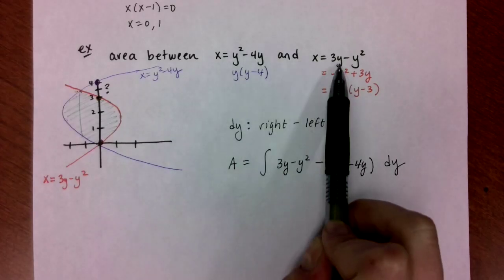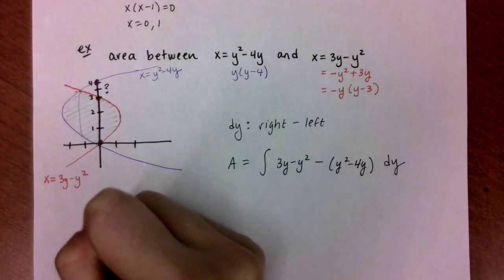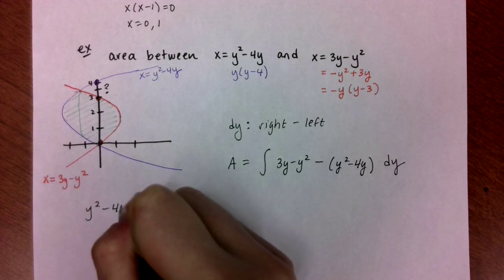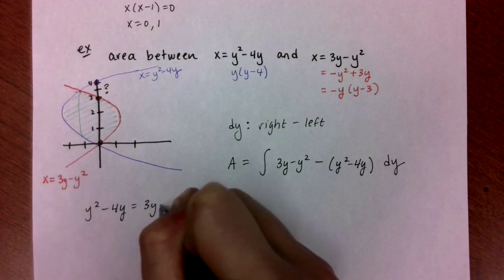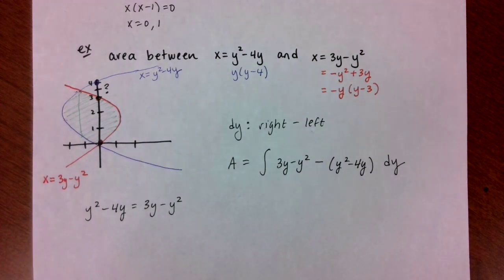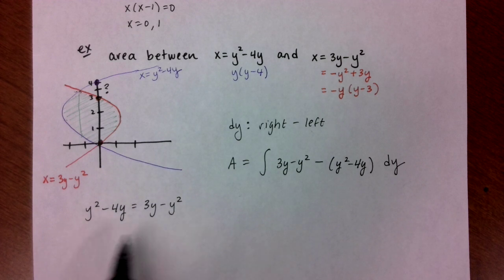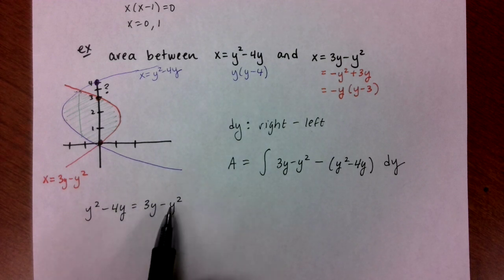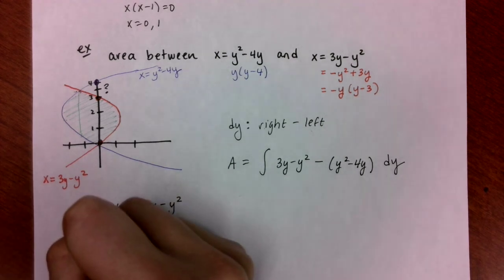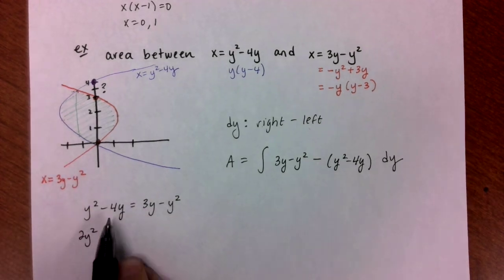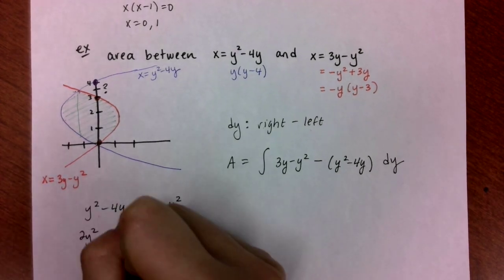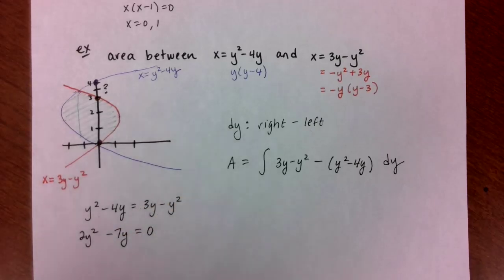So I'm going to set these two formulas equal to each other. I want to know where y squared minus 4y equals 3y minus y squared. Okay, we're expecting it to be some kind of number between 3 and 4 based on my picture. I'm seeing quadratic pieces running around, so I'm going to pile everything on one side, make the other side 0. If I add this y squared over, I have 2y squared, minus 4y minus this 3y is minus 7y.